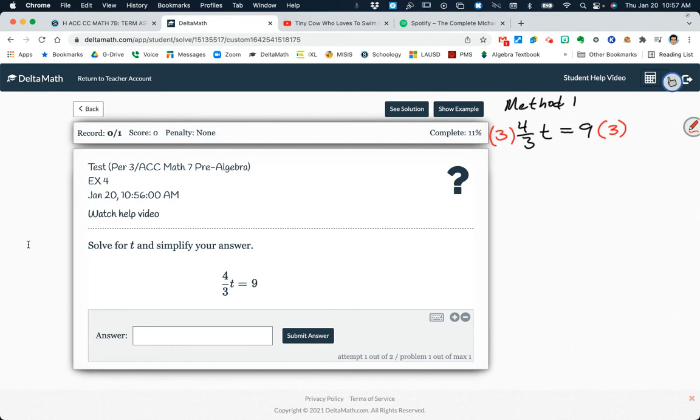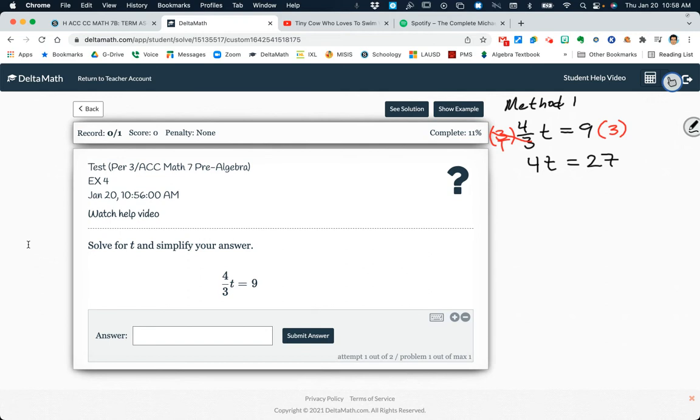What's going to happen with these 3's? Think about it. They cross out like they did before. So I no longer have 4/3 t. I just have 4t equals 27. So now how do I get rid of that 4? Divide.